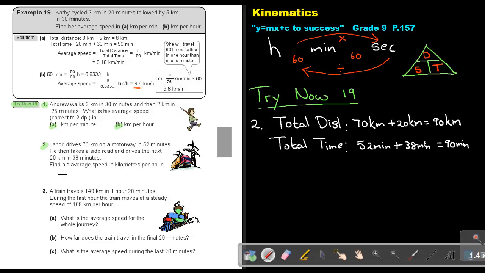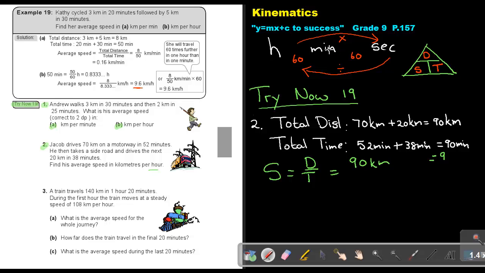Now if I want his average speed, speed equals distance divided by time. So what is the total distance? 90 kilometers. But they want it in kilometers per hour. So I must take this 90 minutes to hours. How will I do that?